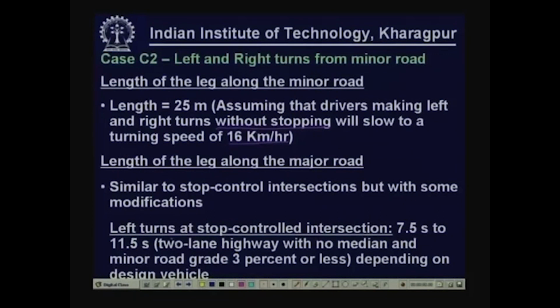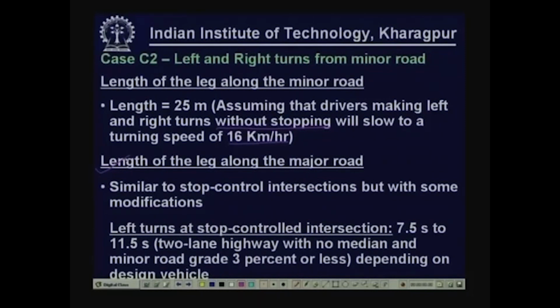Now, let us see the length of the leg along the major road. This approach is again similar to stop control intersection, but with some modification. Let us see first what was the recommendation for left turns at stop control intersection. The time gap was recommended as 7.5 seconds to 11.5 seconds depending on design vehicle.